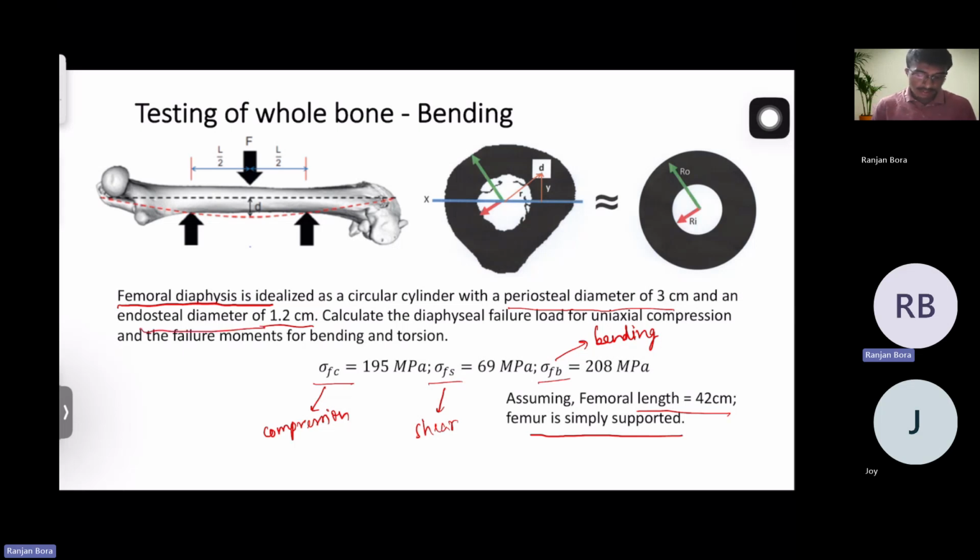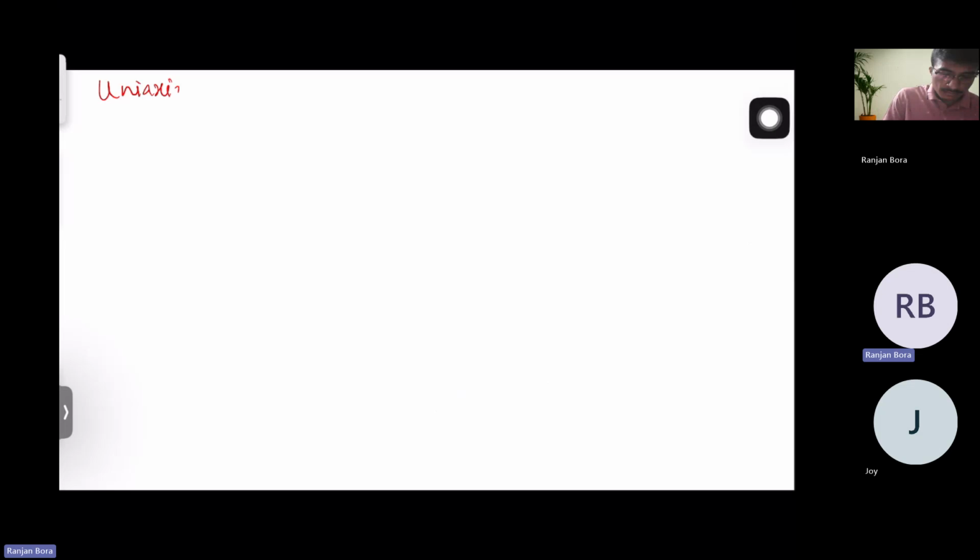One more statement is given, which says that cortical bones are strongest in compression, weakest in shear, and intermediate in tensile failure.